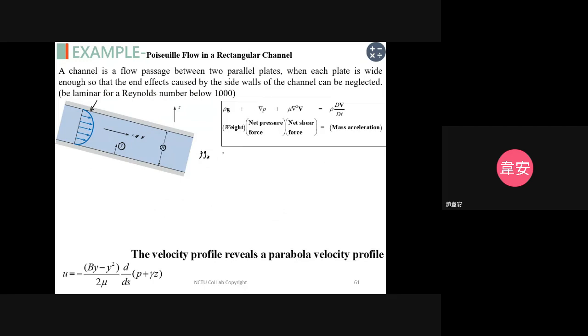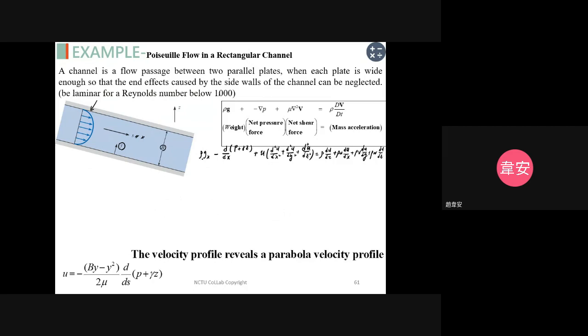Again, we just follow the Navier-Stokes equation. We have g_x, only considering the x direction, plus or minus the pressure difference. Here we consider the piezometric pressure, so this is p plus gamma z, and again this term is related to d²u/dx² plus d²u/dy² plus d²u/dz², and the right-hand side we still have rho du/dt plus rho u du/dx, rho v du/dy, rho w du/dz.